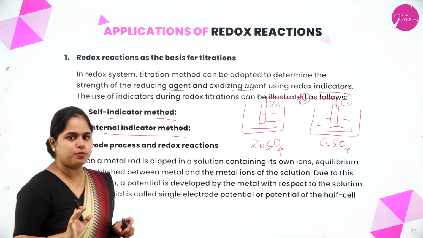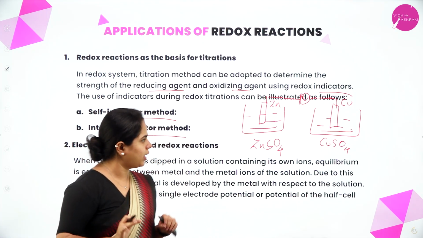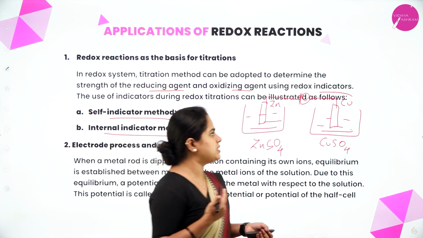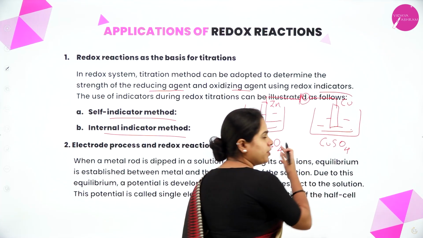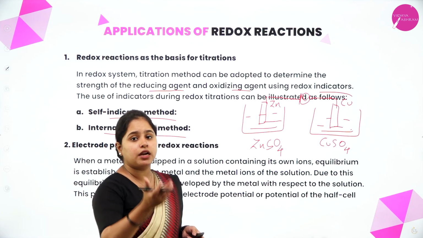So what does this mean is in detail you are going to study in the second year in the electrochemistry chapter. So what happens here is in the zinc electrode oxidation reaction will take place, and in copper reduction reaction will take place. That is, this is where oxidation is taking place, that will be your anode, and where reduction is taking place, that will be your cathode.